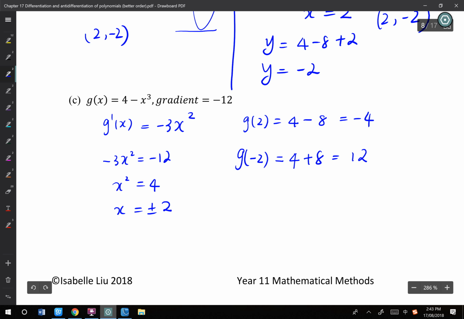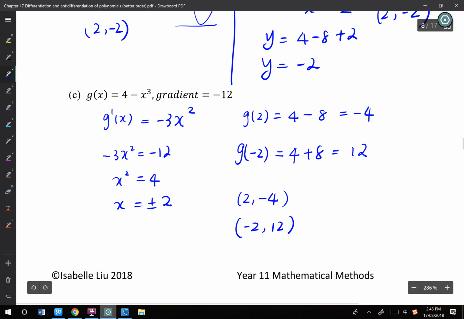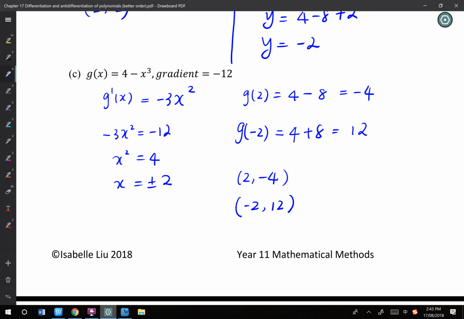So what I have is 2, negative 4 and negative 2, 12. Those are the two points where I have the gradient negative 12.